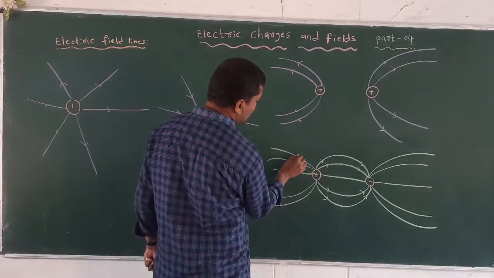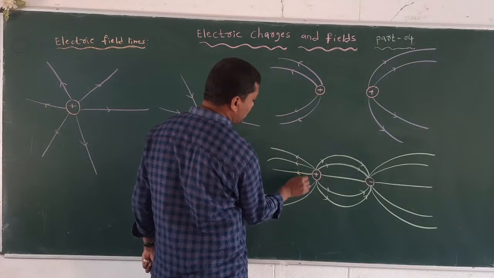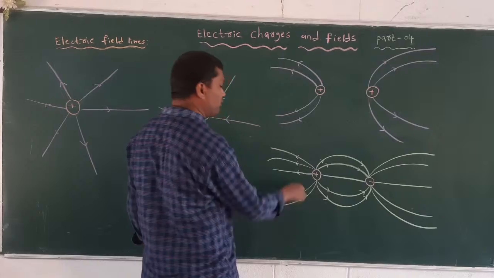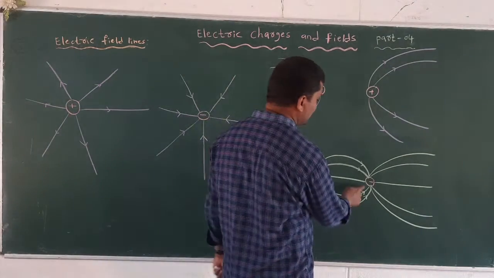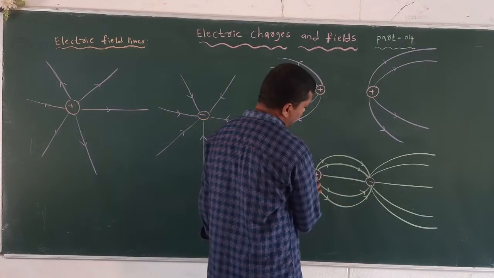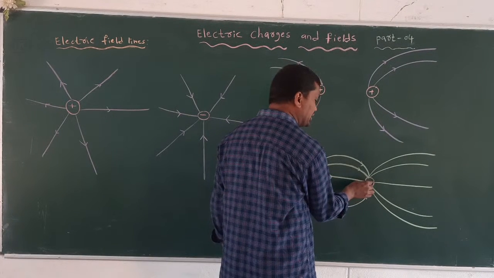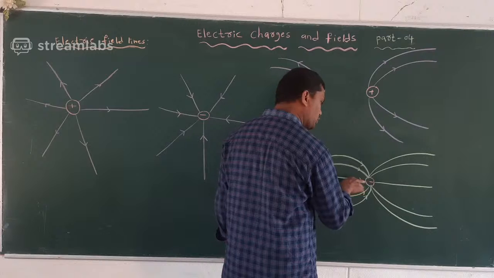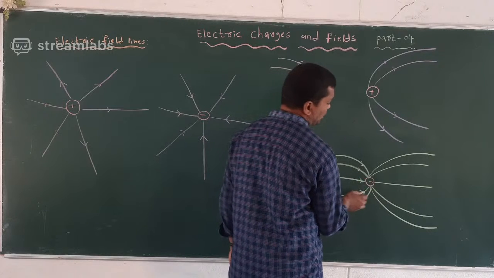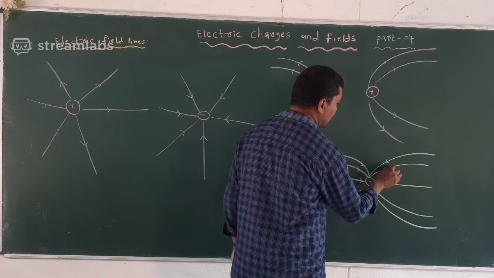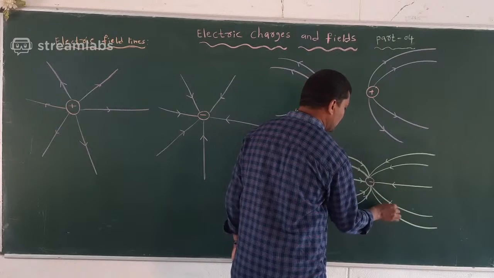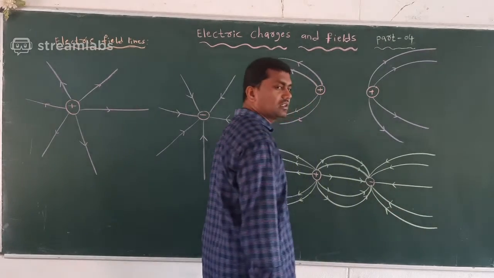In this positive charge, the direction is outward, away from the point charge. So for the positive symbol, we take the outward direction. Near the negative charge, we take the lines approaching the negative charge.